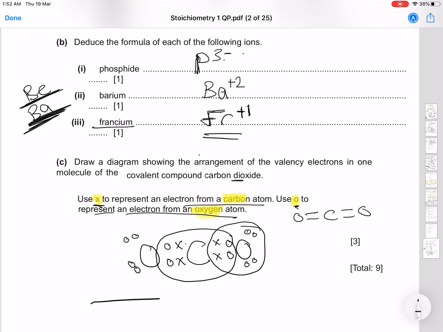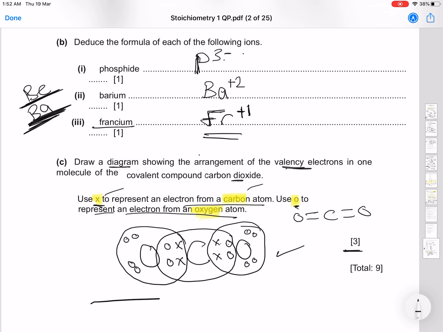The other oxygen as well has, after bonding, 8 electrons in the outer shell. And this is the diagram that shows the valency electrons of the molecule of the covalent compound carbon dioxide. I used the symbols that they want to represent the electrons in the outer shell.